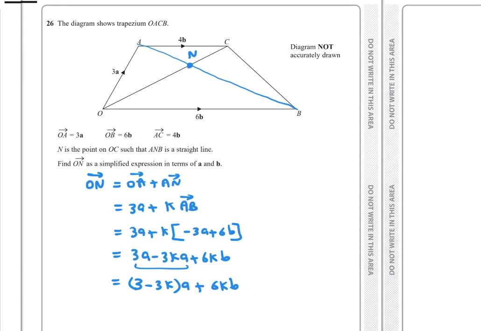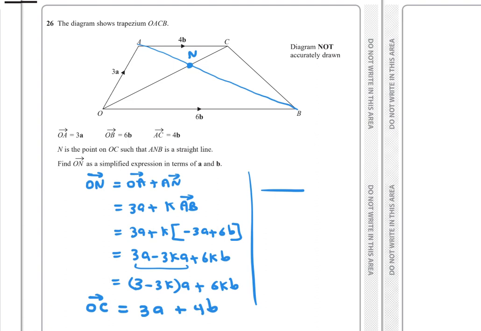Now we can find OC. OA plus AC, so 3a plus 4b. Vector OC equals 3a plus 4b. Because ON and OC are on the same line, they are parallel, so we have a ratio between them.